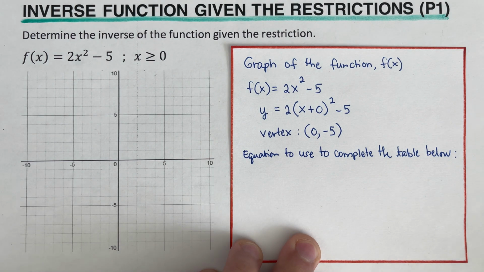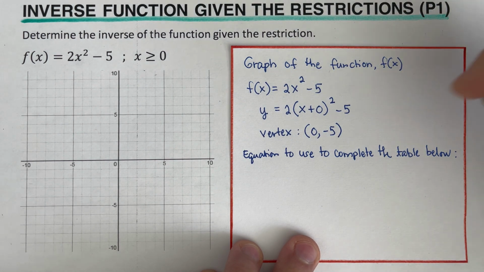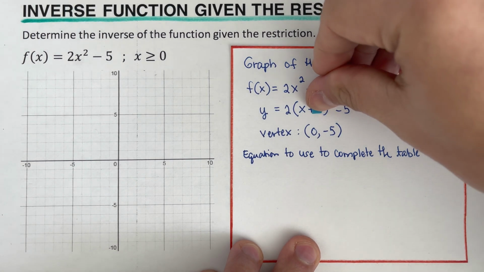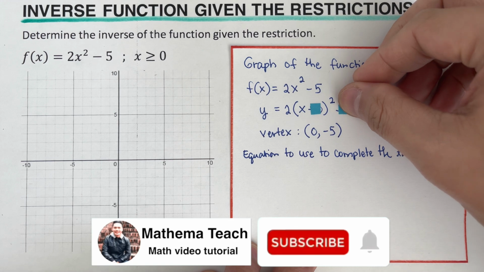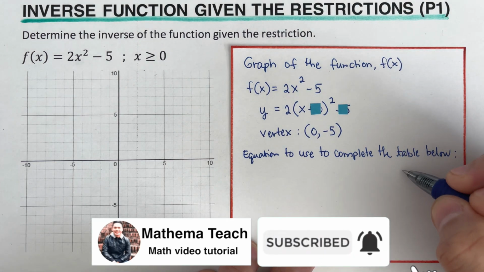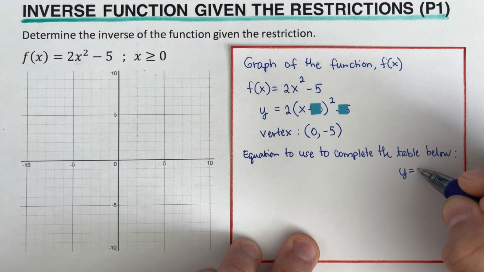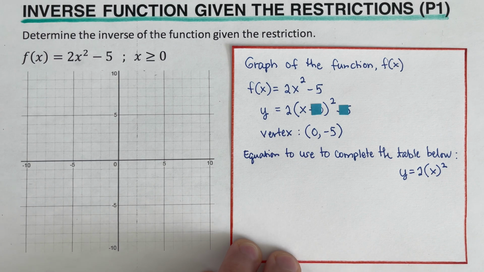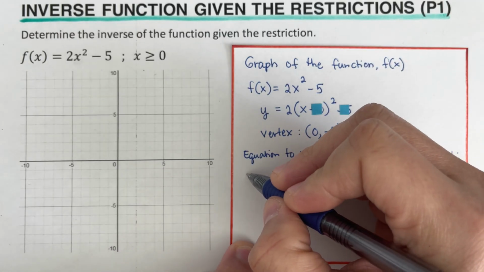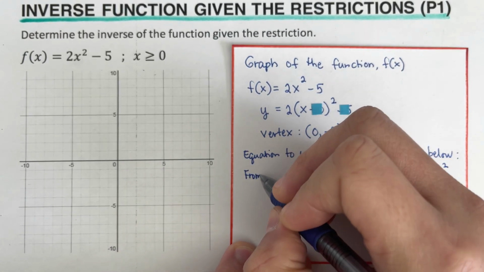Okay, so the equation that we are going to use is, we remember that we are supposed to cover the h and k from this graphing form, so that we are left with just y is equal to 2x squared, because I covered the h and the k.